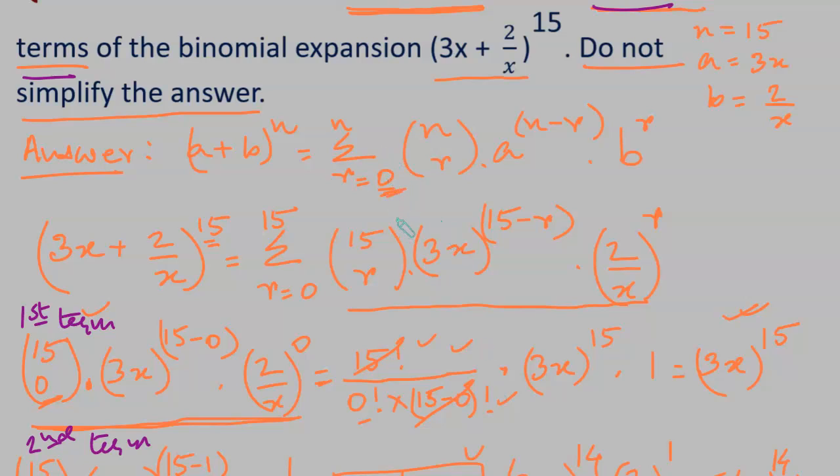The starting value of r is 0 and the final value is n. So for the last term, r will have a value of n. Therefore, what will be the value of r for the second last term? It will be n minus 1, obviously, because r's value is increasing in steps of 1. Its starting value is 0, then 1, 2, 3, 4, and it continues up to n. Therefore, the last term's r value will be equal to n. Hence, the second last term's r value will be equal to n minus 1.